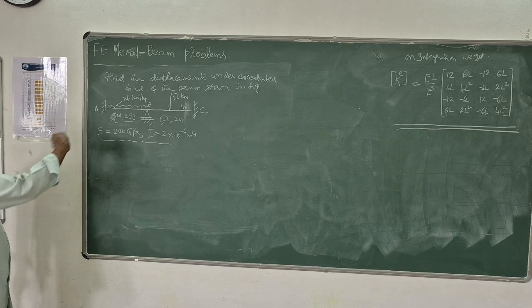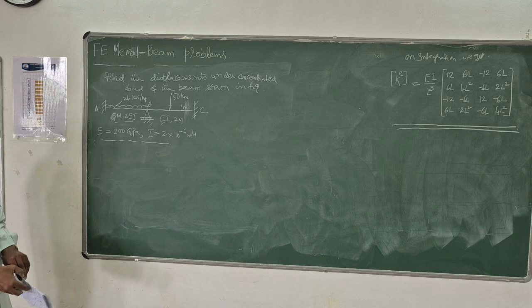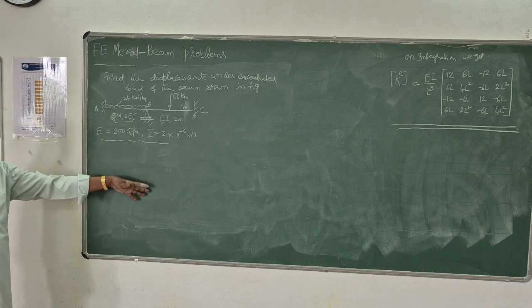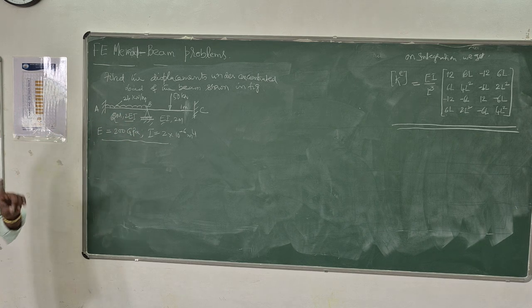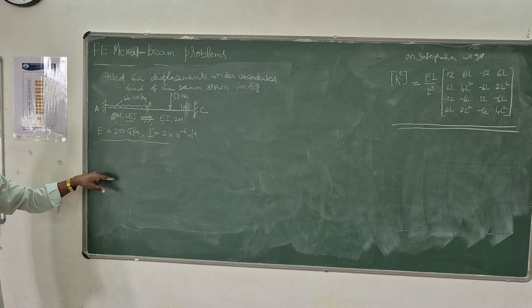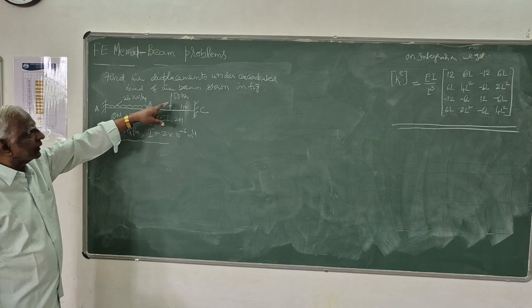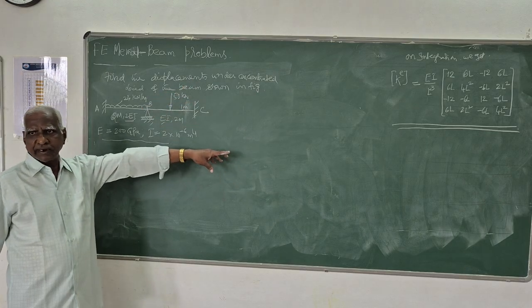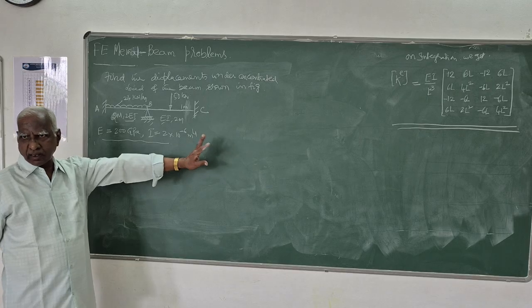Then of course, once you determine the slope and deflection, you can use that moment and shear force equation which already I have derived. So that is the basic difference between classical method and this finite element method. Here we are determining only the displacements because they are the ones which are related to shape functions, P matrix and all.